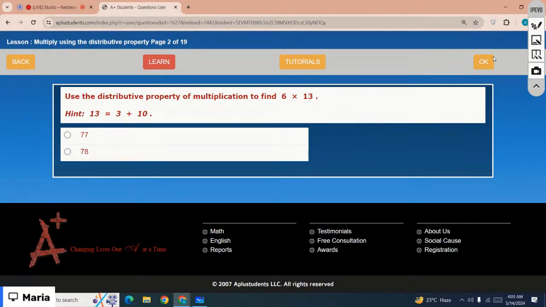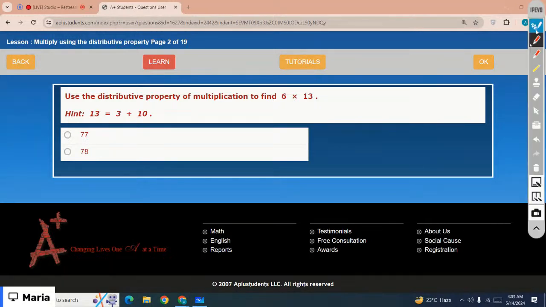Okay, use the distributive property of multiplication to find 6 times 13, right? You have to write down 13 as 3 plus 10. So you can do 6 times 3 plus 6 times 10. So which is the correct option? 6 times 3 is 18 and 6 times 10 is 60.